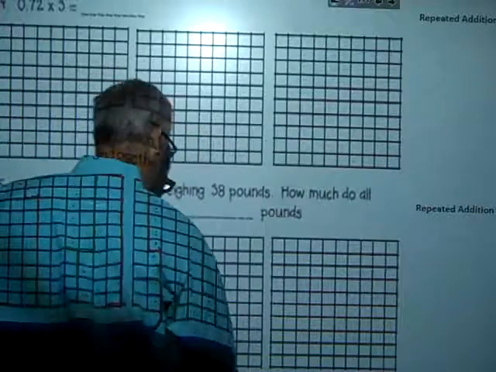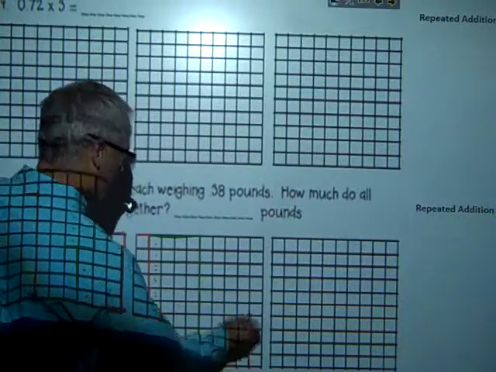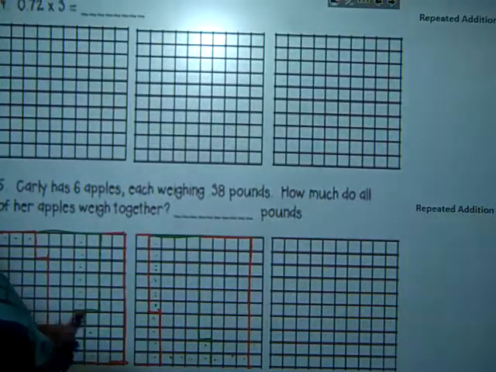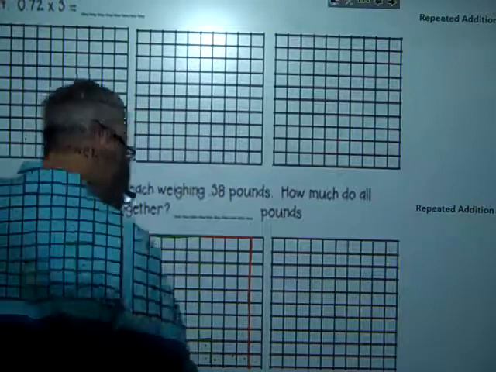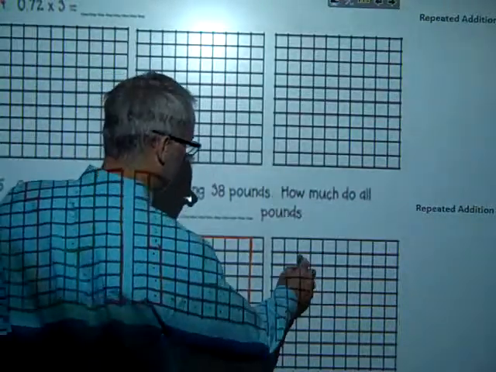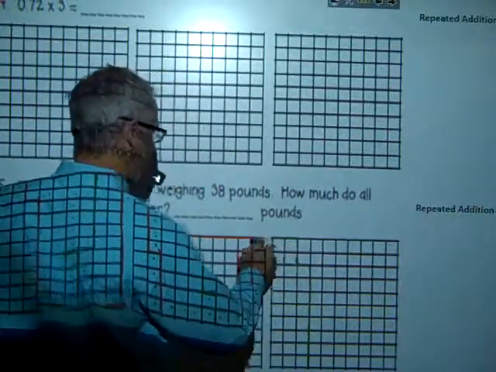Then I shade it again. 10, 20, 30, 38. That's 5 groups. I need 1 more group. 10, 20, 30, 8. Look how much I have shaded.